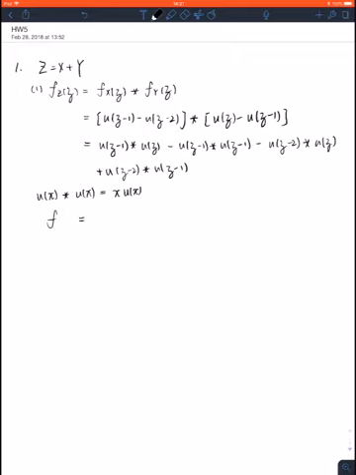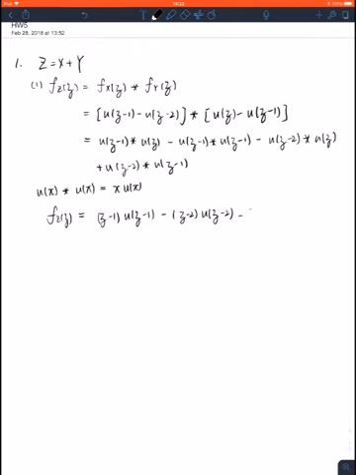Then f_Z(z) becomes (z-1)u(z-1) minus (z-2)u(z-2), and minus (z-2)u(z-2) plus (z-3)u(z-3).